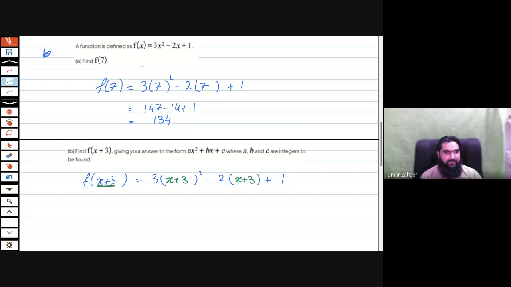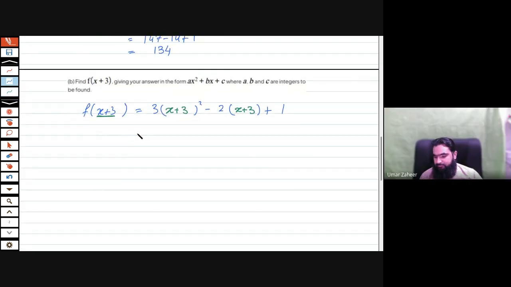Now simplify them. x plus 3 whole squared is a squared plus 2ab plus b squared: x squared plus 2 times 3 is 6x, plus 3 squared is 9, minus 2x minus 6 plus 1.